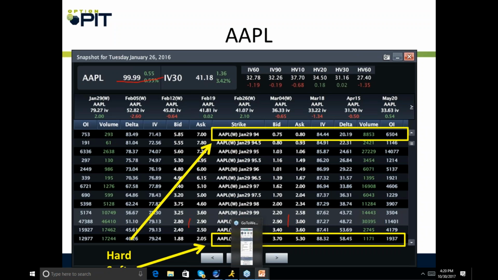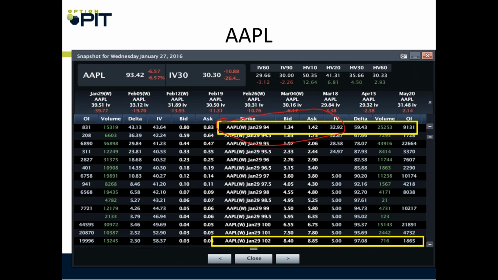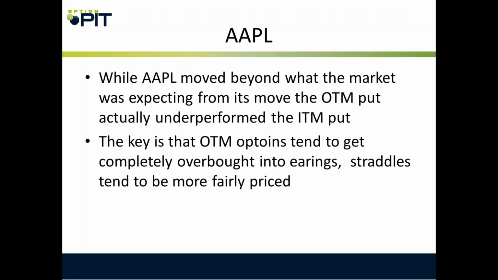So the market is expecting a $5.80 move. Well, it moved 650. We got a much bigger move. So the in the money was the way better trade.